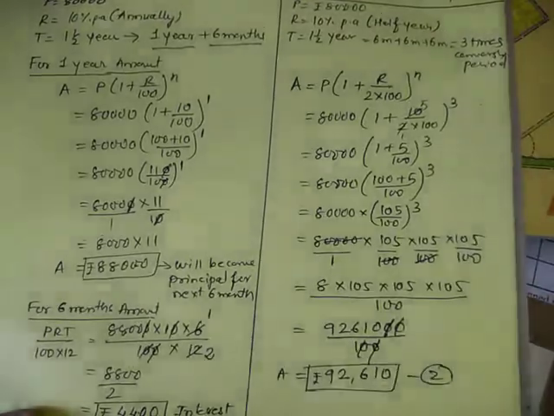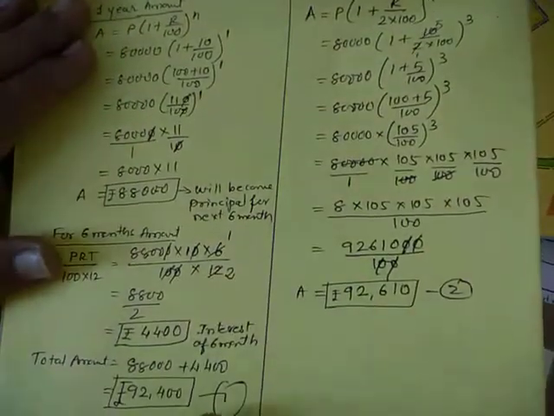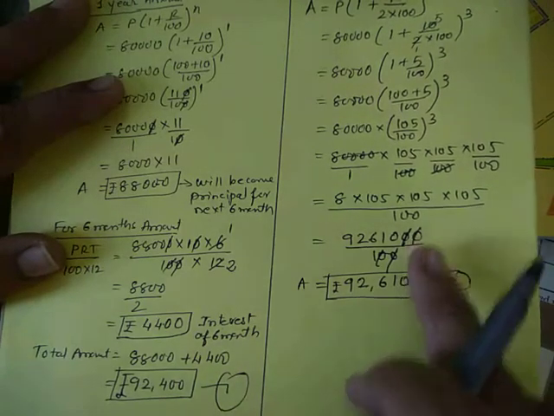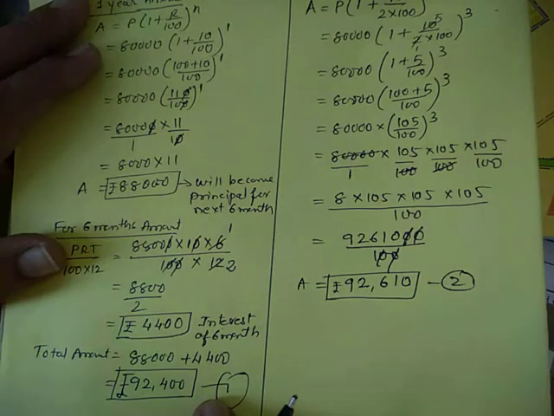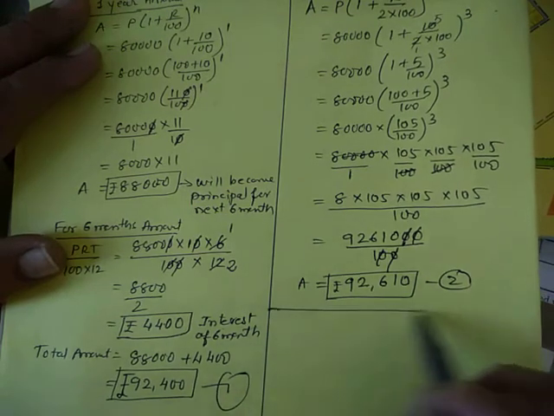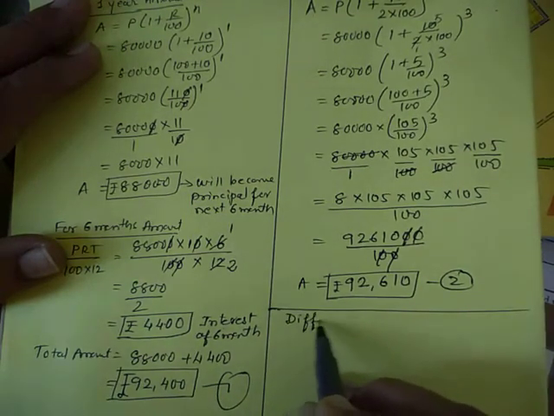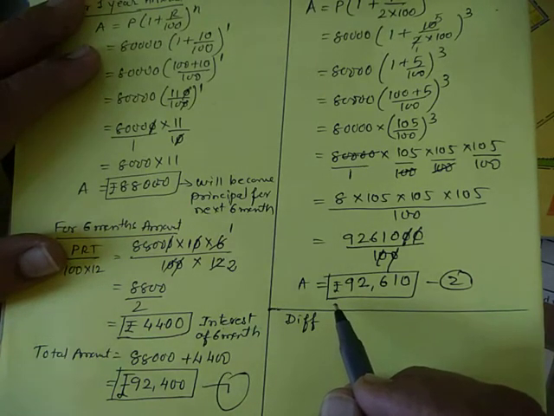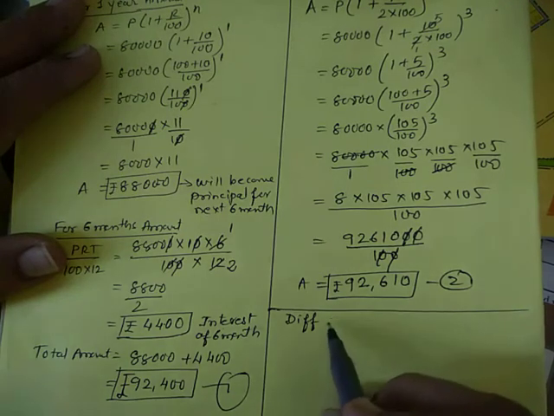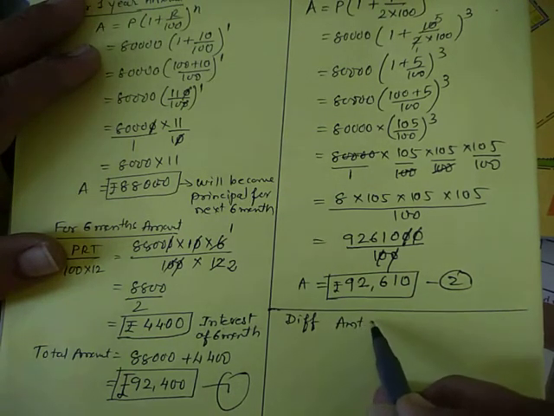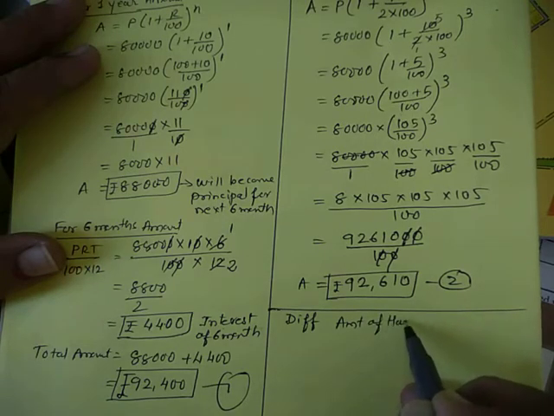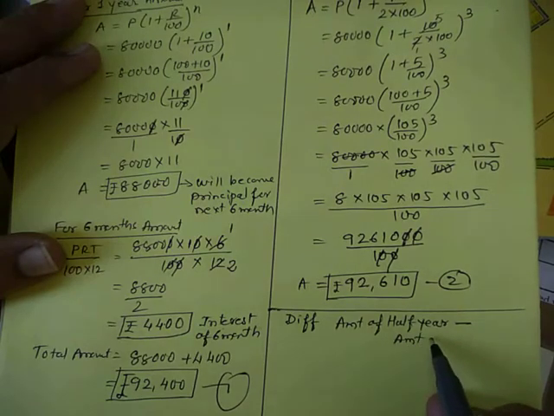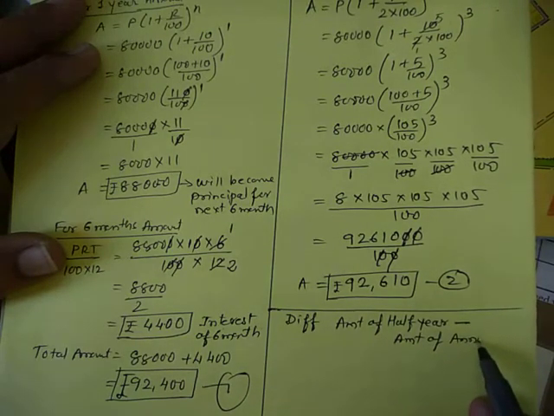This is my second part. So from this first part and second part, if I subtract the smaller one from the greater one, this is the half yearly amount received and this is the compounded annually amount received. So the difference, as it is given in the question, is amount of half yearly minus amount of annually.